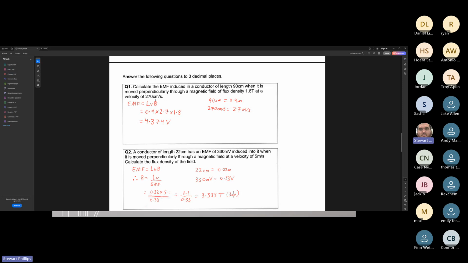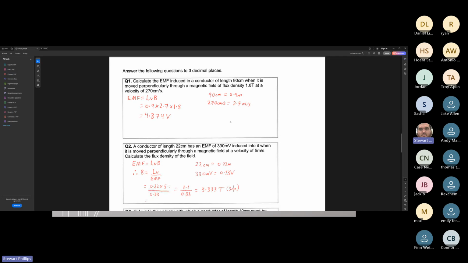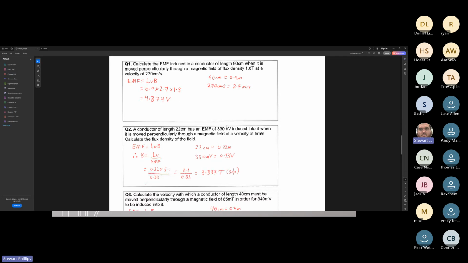For this one, it was 0.9 because 90 centimeters becomes 0.9 meters. So 0.9 times 2.7, because 270 centimeters per second becomes 2.7 meters per second, which ends in an EMF of 4.374 volts.